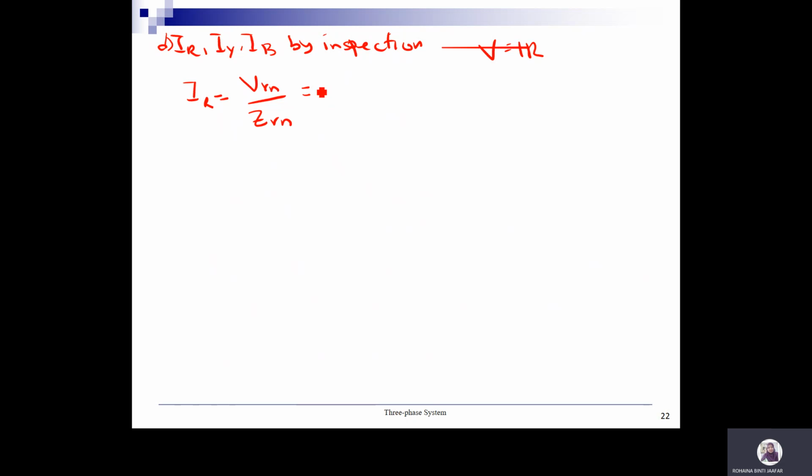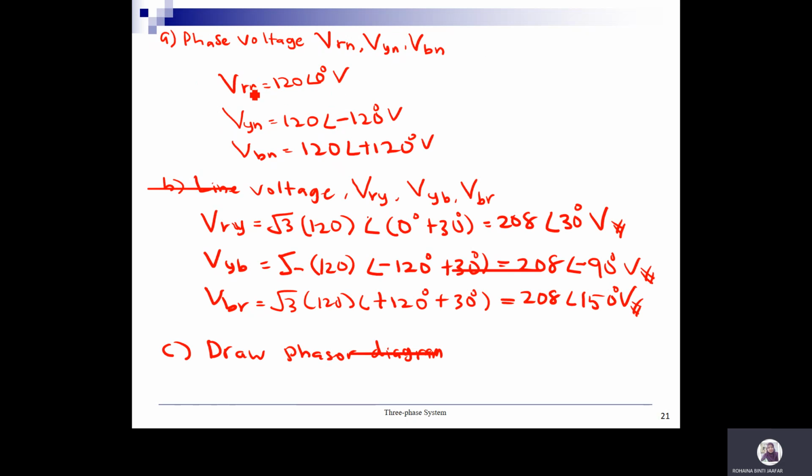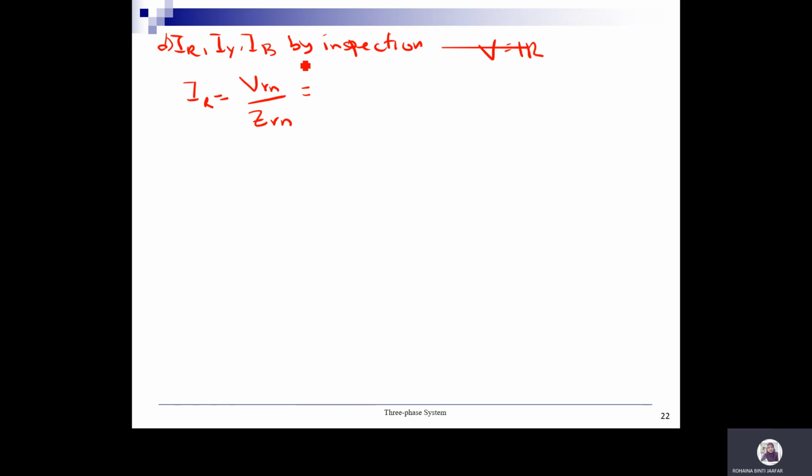Refer here, your VRN is 120 with angle 0, and your impedance for RN is given as 12 minus j9. So use your calculator, you will get 8 with angle 36.87 amps.